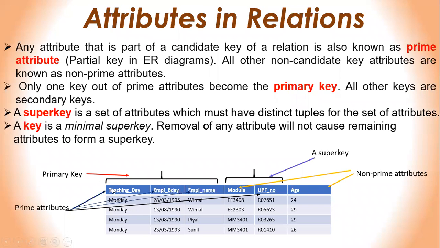These three together, you can add more attributes and form super keys, but if you remove any attribute from this, then it will not any longer be a super key. So such a super key is known as a minimal super key, or in other terms, key. So these three together is a key. This one is a key because this is only one attribute. If you remove that attribute, then there is no attribute and there is no key.